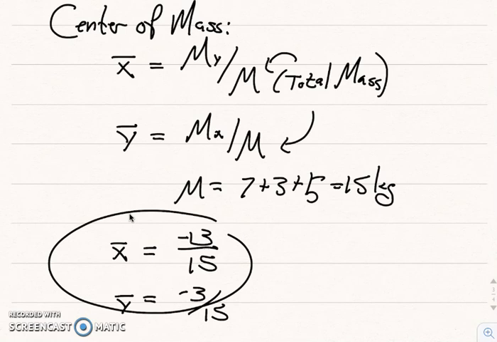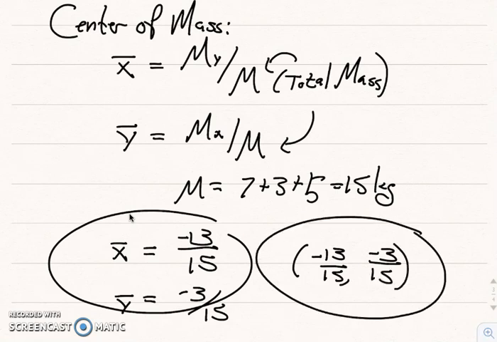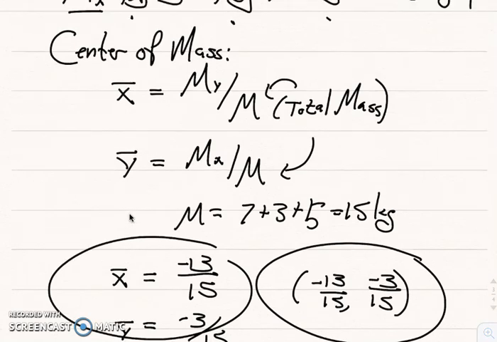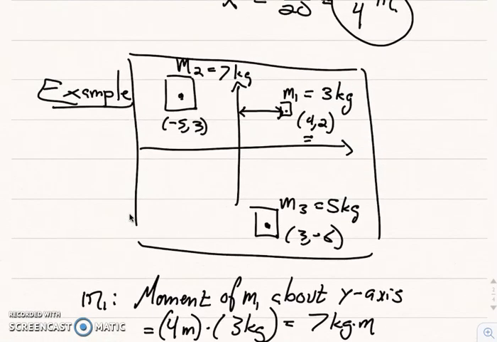Or if you want to assemble those into one ordered pair, you just have -13/15 and -3/15. So this coordinate is just shy of -1. This is about 1/5, or -1/5, right? And so we go back up here, -1, maybe somewhere about here, -1/5. Our center of mass for this whole system is somewhere in the third quadrant.